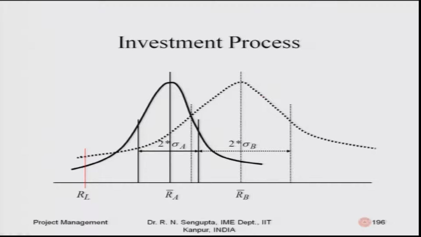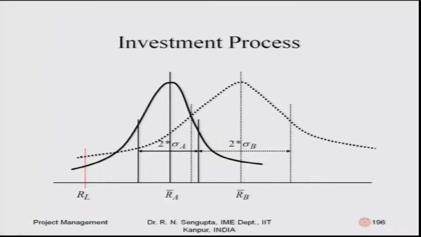Consider the normal distribution, as I had mentioned, and along the x axis the returns are being plotted. So, you have R bar A, R bar B, there would be R bar C, and such a set of portfolios for projects. What I have drawn, the dark black one, is the return distribution for A. This is the average value of A, and this is the standard deviation.